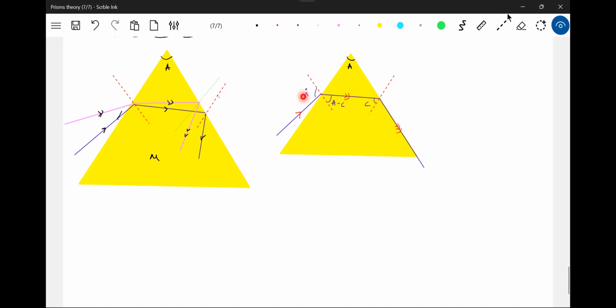For any angle anywhere from 0 to 90 degrees, the ray should not emerge from the other face of the prism. So what is the necessity condition for this? This should be the critical angle. Then only this angle will be 90 degrees. So we are trying to derive the condition for no emergence here.